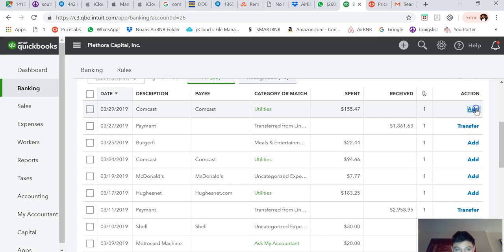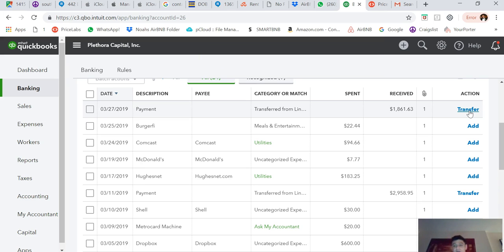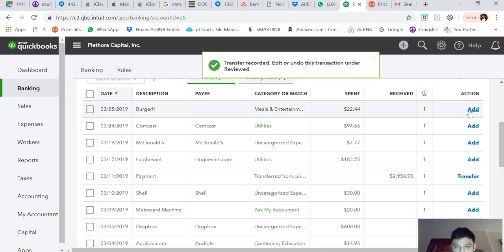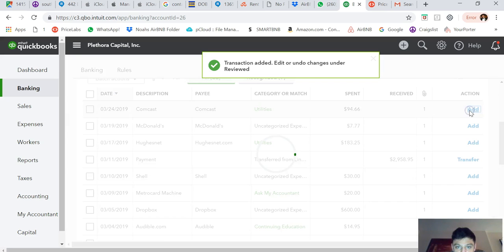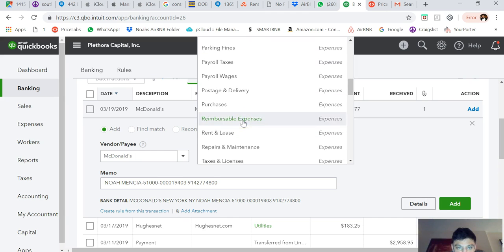Comcast is utilities. Yep, that's a payment, so you're transferring it. It's a transfer of income from your checking account to pay the credit card. Meals. Okay. Those meals.